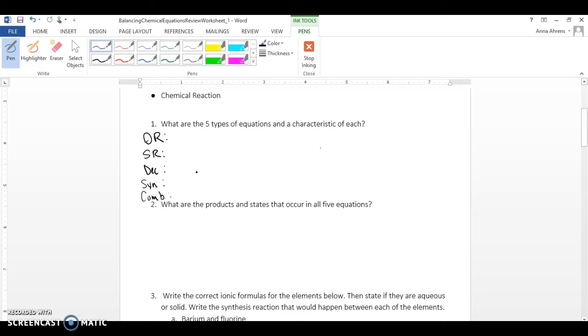Start off with double replacement. Remember, we had the simple A B plus C D produces A D plus C B. Remember, these are going to be 2 aqueous ionic compounds, and you should form a solid and then something else that is aqueous.